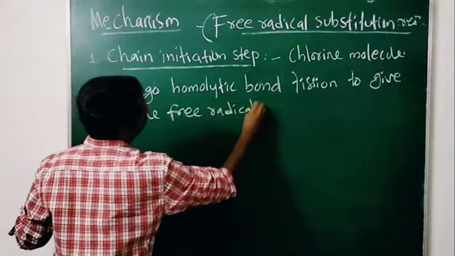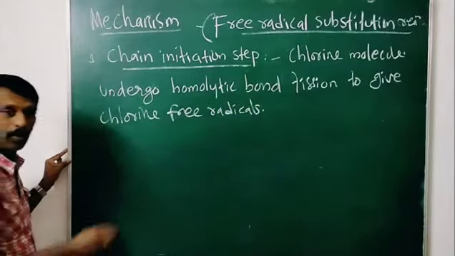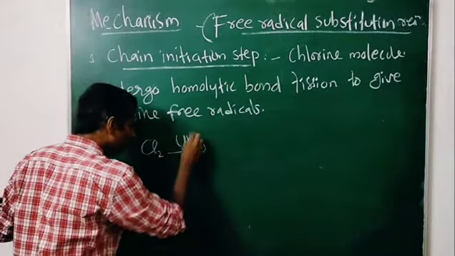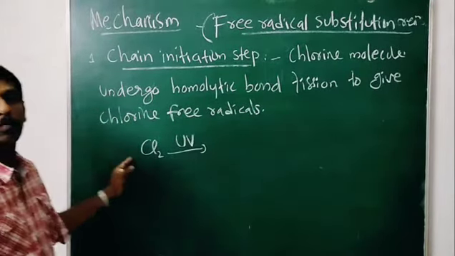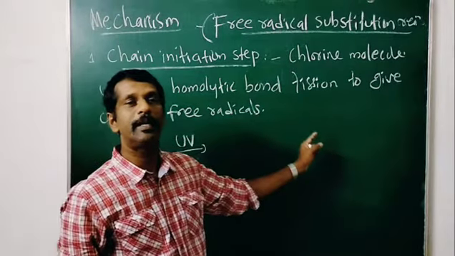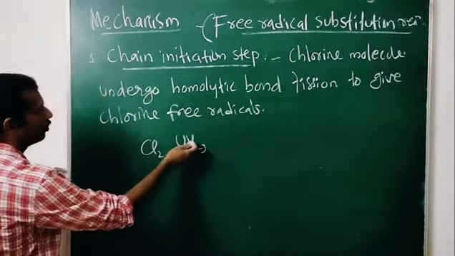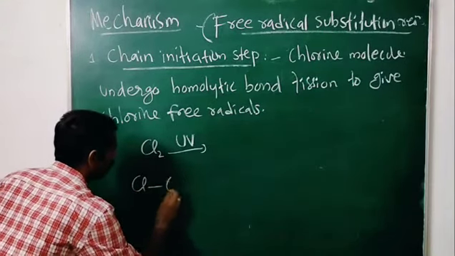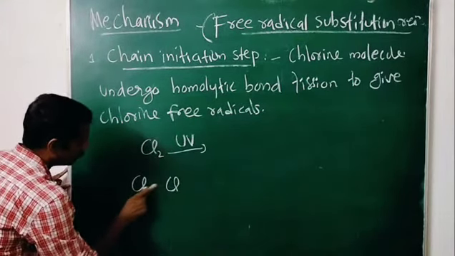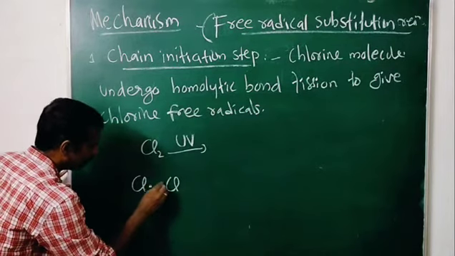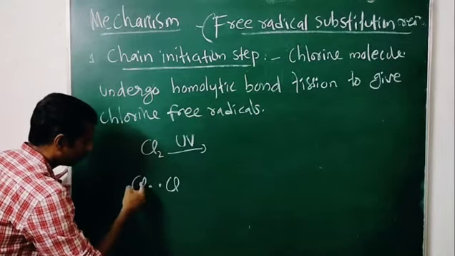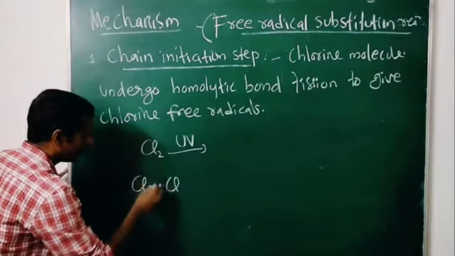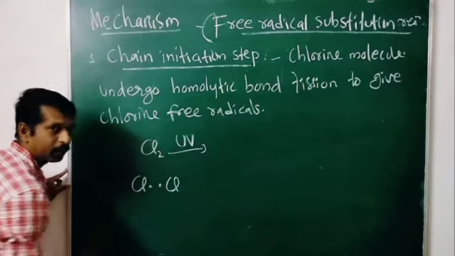What do you mean by homolytic bond fission? Cl2 in presence of UV undergoes homolytic bond fission. Cl2 means Cl-Cl, and a bond means a pair of shared electrons.